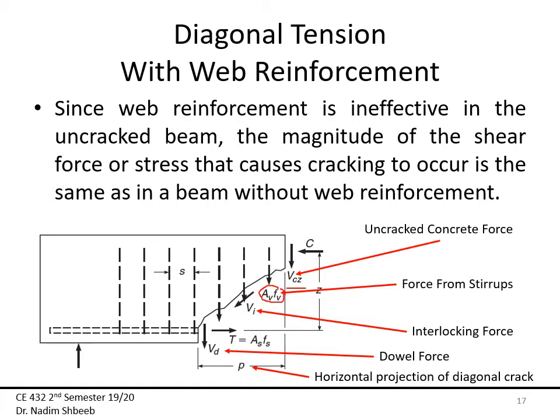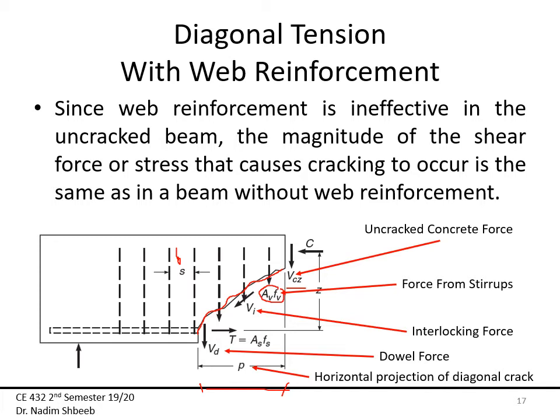Before I continue, I just want to point out this is the crack surface that I'm talking about. So this crack is traversing these stirrups right here, and here I'm using vertical stirrups with a spacing S. And then this distance here is what I call the horizontal projection of this crack, right?